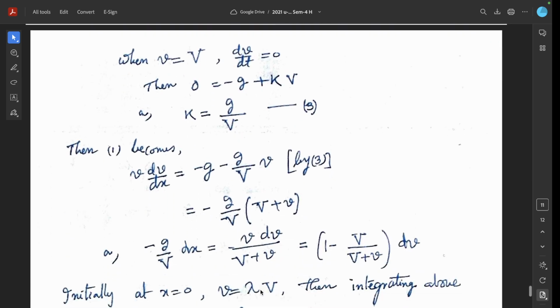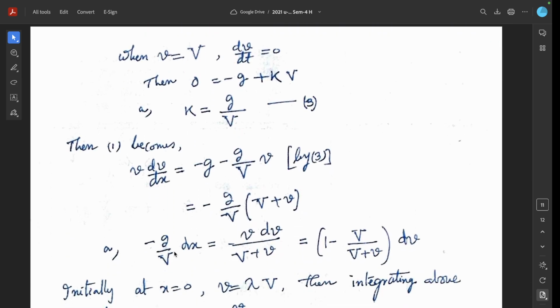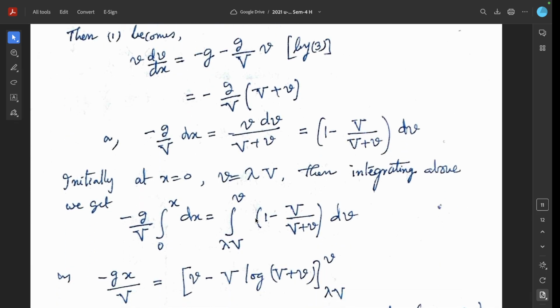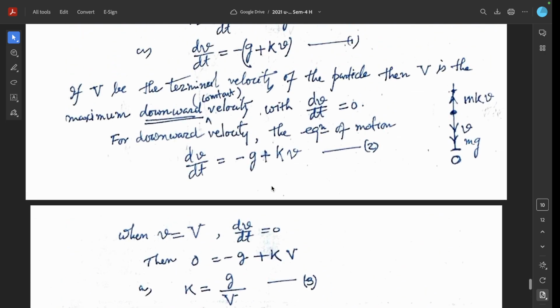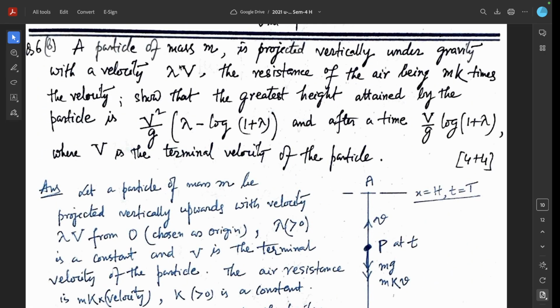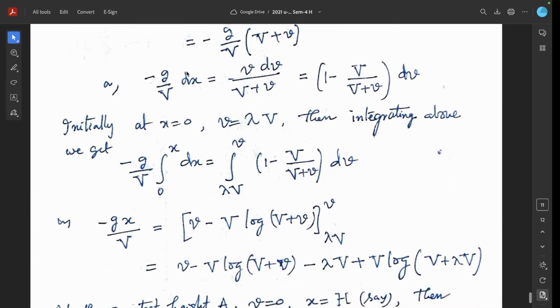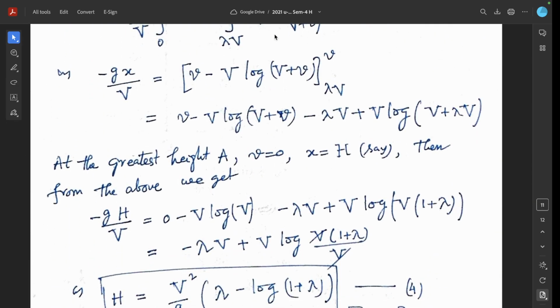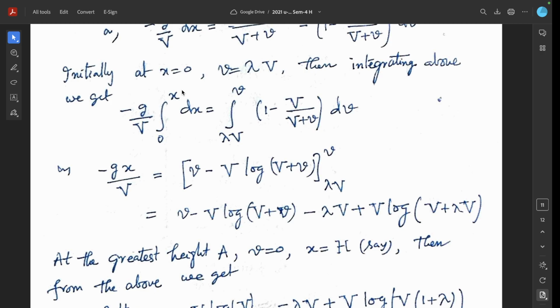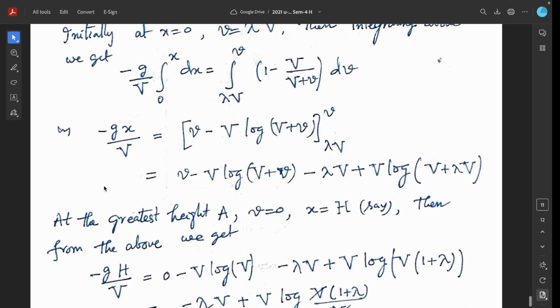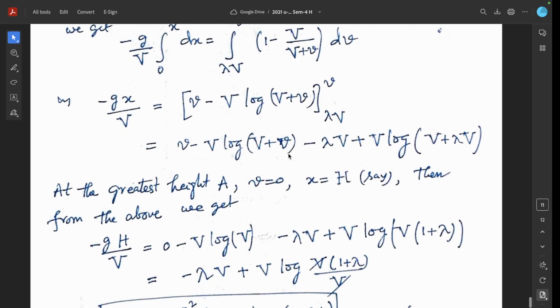We get this equation, and minus g by capital V dx equals, initially at x equal to 0, v equal to lambda V. This is given: the particle is projected vertically upwards under gravity with initial velocity lambda V. So integrating x from 0 to x and v from lambda V to v, after simplification we get this.